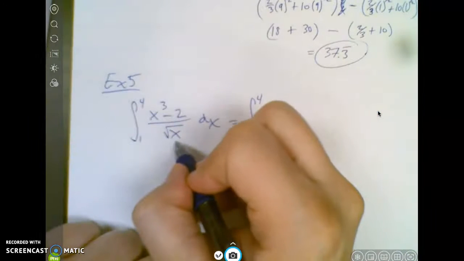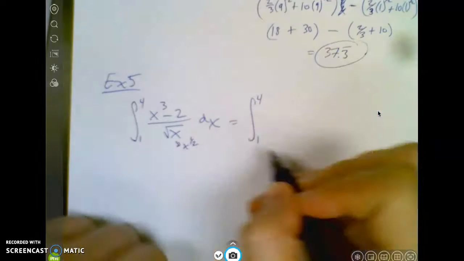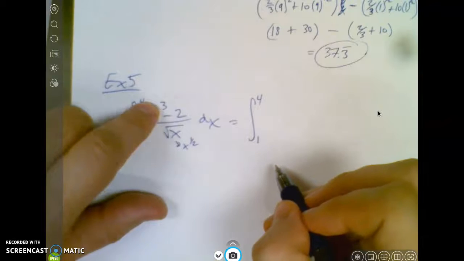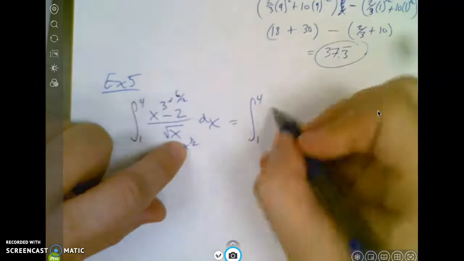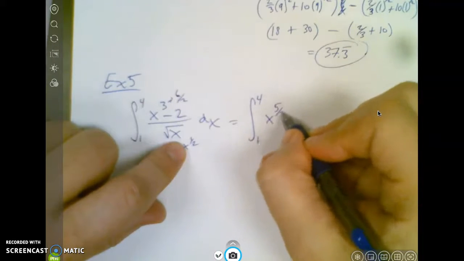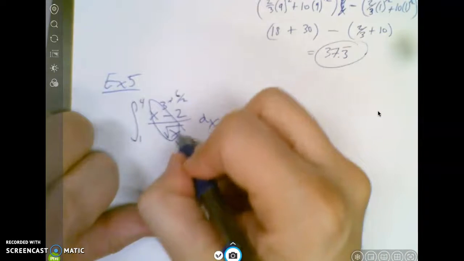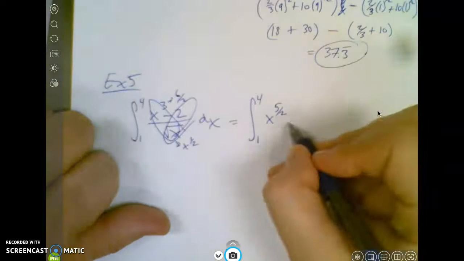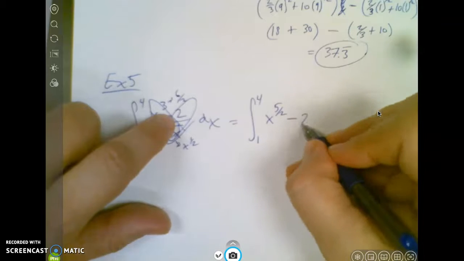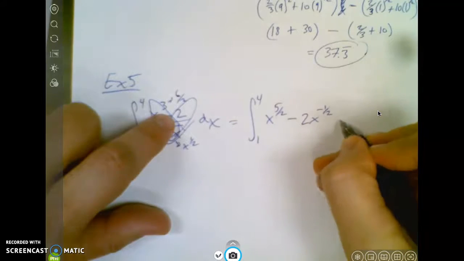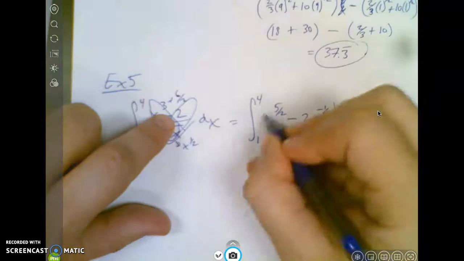Okay, remember this is x to the 1/2. So if you take a half away from 3, think of this as like 6/2, right? Take a half away, it's x to the 5/2, because I'm splitting this up into 2 parts. Still have a minus sign between them. And then there is nothing with a 2, so it's 2x to the negative 1/2 dx.